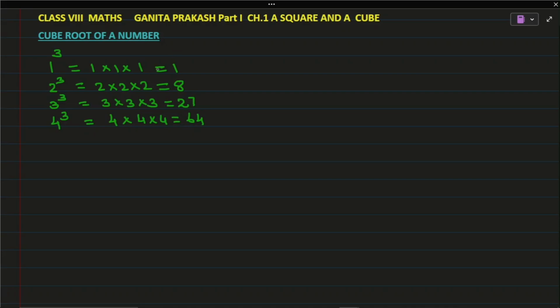So from this we can write, if cube of 1 is 1, then the cube root of 1 we can write mathematically like this. You put the radical sign and inside you write 3, the cube root of 1. 3 here means cube root.